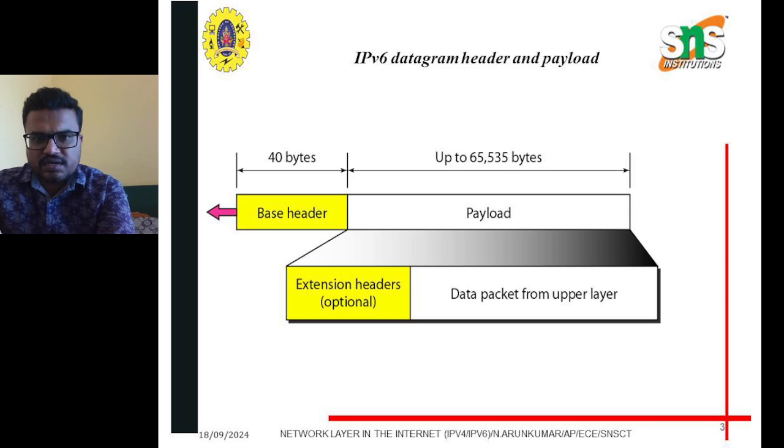Initially the headers are 40 bytes and the payloads are a maximum of 65k, so that it makes more connections at a single time. So all the 60k bytes come together based on extension headers and the data packet from the upper layers, because we are making the connection and forwarding the information as floating point units.